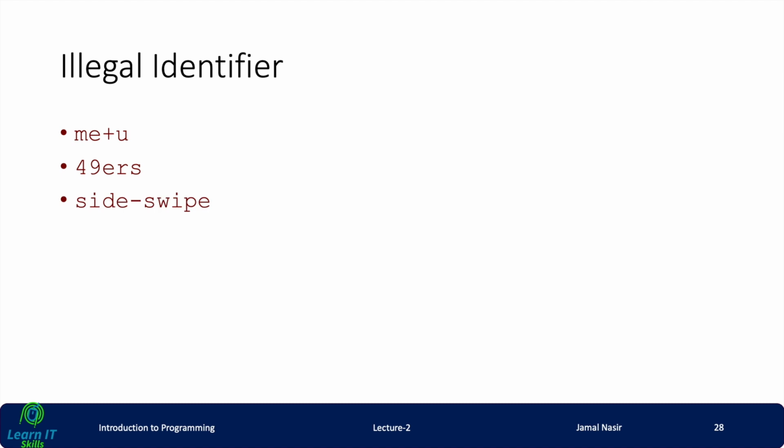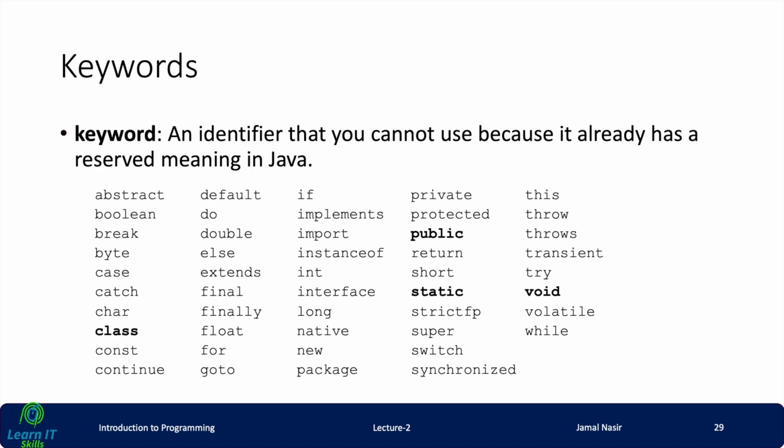Okay, here we are not starting with a digit, but the problem is that we are using a dash character, which is not allowed in a Java identifier. And obviously a dot is not allowed.